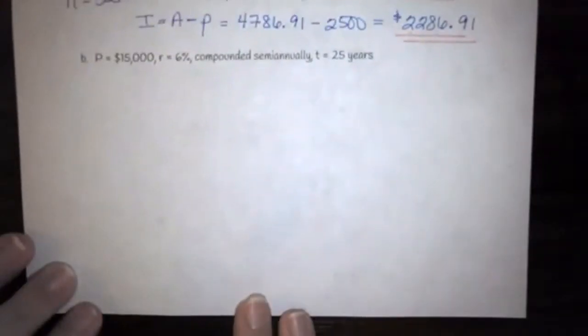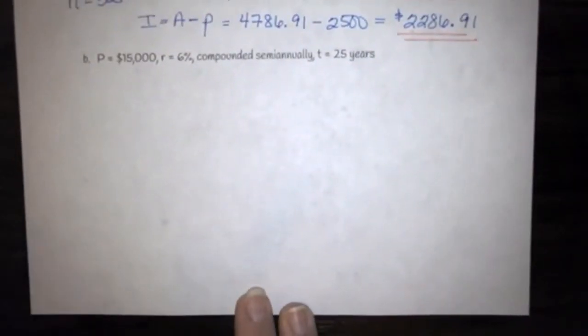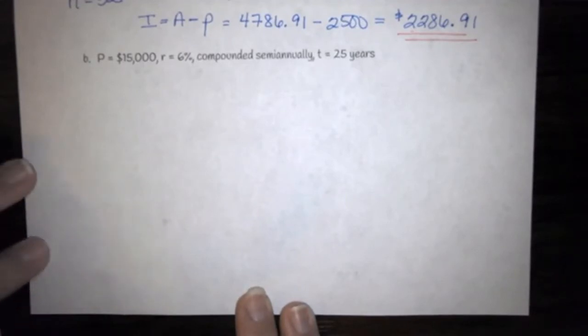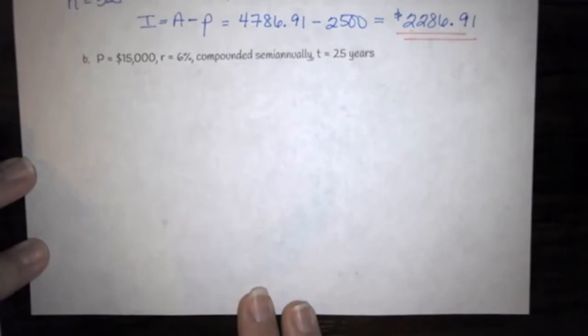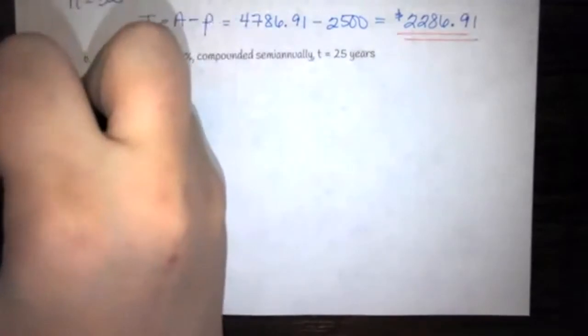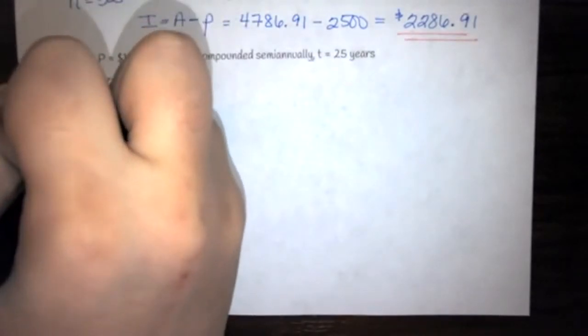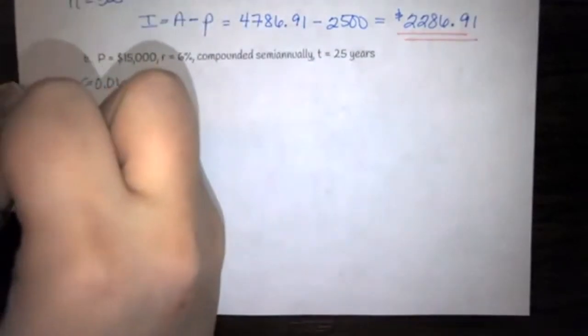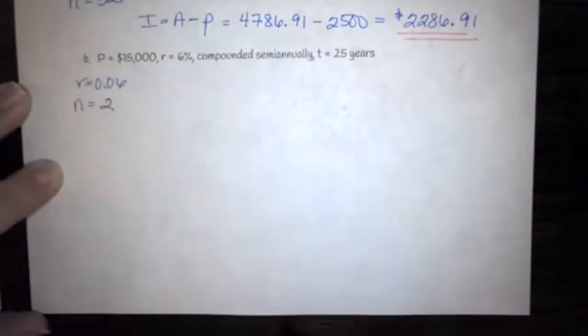So let's look at the second example. The second example says this time we're going to invest, or your principal is $15,000 with a 6% rate, compounding semi-annually for 25 years. So here, my rate is going to be 0.06, and my n value is going to be 2, because semi-annually means twice.